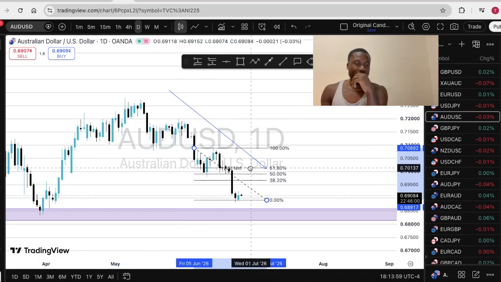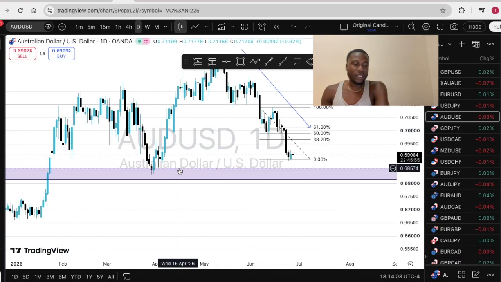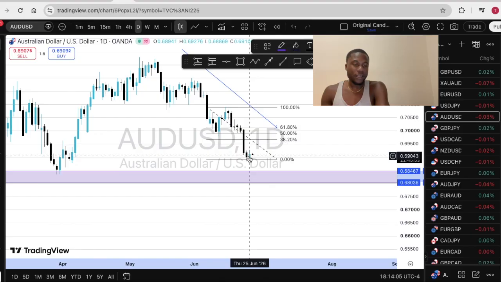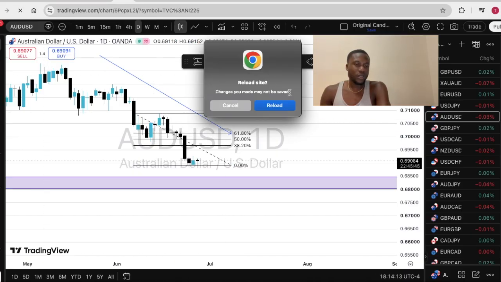But right now I'm a little bit skeptical because of this key level that I've drawn here. This is a key level of support. The market can come up and start pushing up. Let me refresh my chart a little bit and see what happens here.